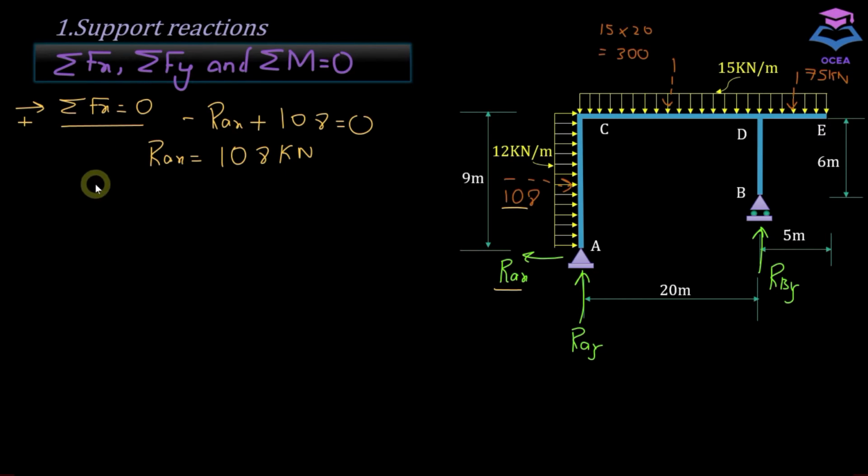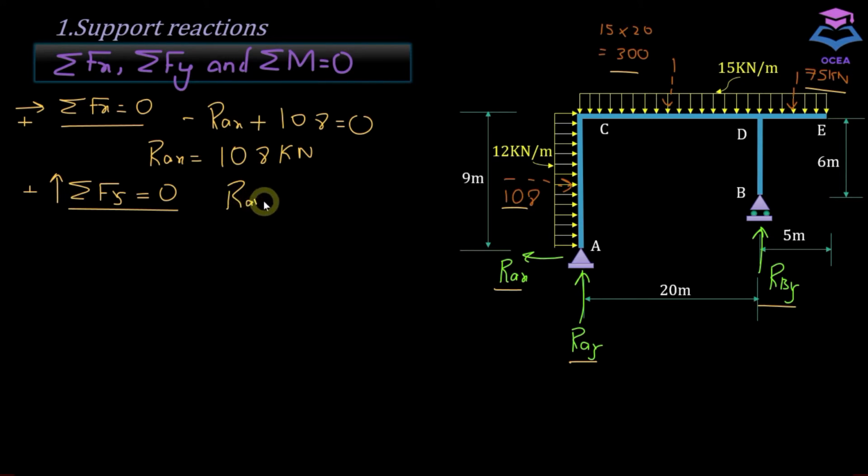Now let's apply the second condition of equilibrium, summation of forces in y direction. And let's take upward force as positive. So how many vertical forces are acting in this frame? We have this RAY, RBY, this 75 and 300.